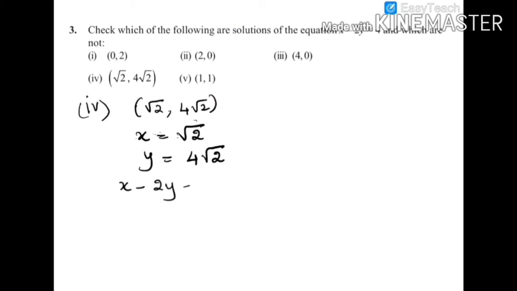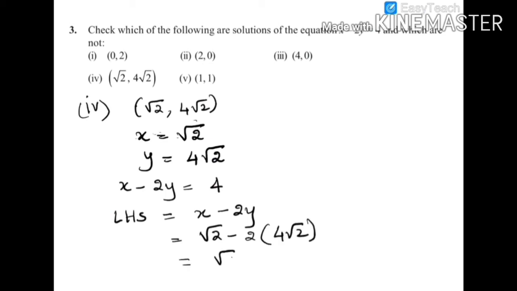x minus 2y equal to 4 is the given equation. So let's start with the left hand side and substitute values of x and y over here. So root 2 minus 2 into 4 root 2 is equal to root 2 minus 8 root 2. Now these two are terms which have the same irrational part. So we can add the rational part over here.